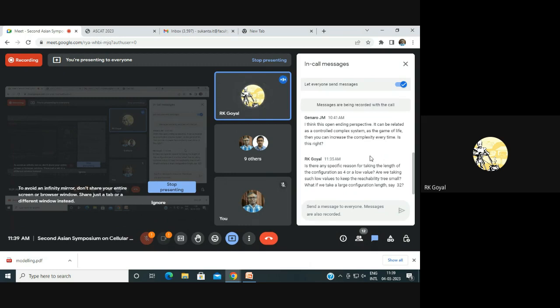So the question is, is there any specific reason for taking the length of the configurations in the initial part of this presentation as 4, such a low value? Are you taking such a low value to keep the reachability tree small, or is there any other reason?